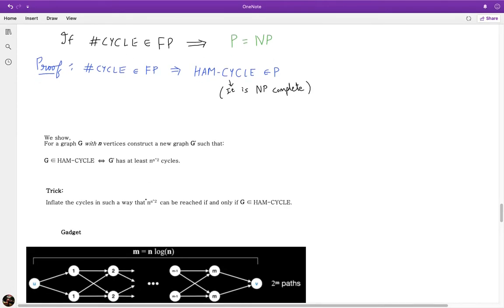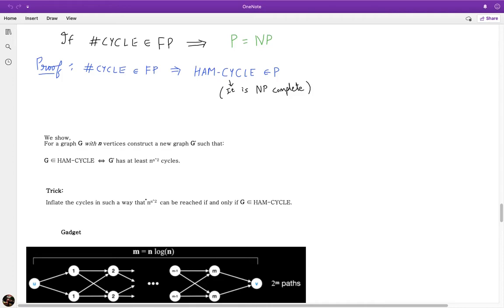Now to prove this, we need to first define a problem called Ham cycle, which is basically the Hamiltonian cycle problem, where we ask whether there exists a Hamiltonian cycle in a graph or not. As we know, a Hamiltonian cycle is a cycle which consists of all of the vertices of the graph.